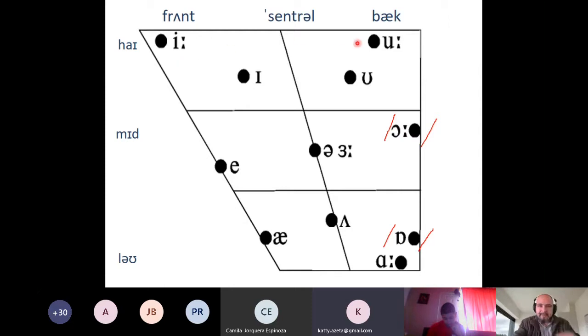So that's why different vowel quadrilaterals will try to show vowel sounds as close to reality as possible.